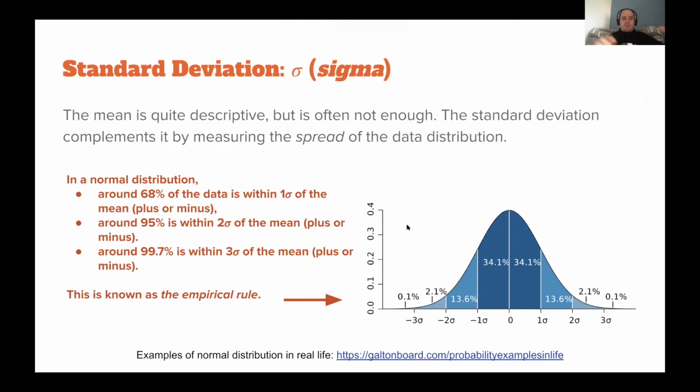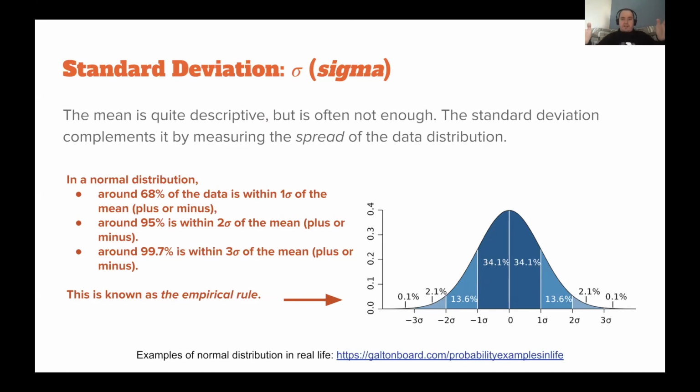The reason is that by looking at so many different normal distributions in real life, people realized, by measuring the data that results in normal distributions, that around 68% of the data is within 1 standard deviation of the mean, plus or minus. So that's what you see over here in this graph. You have the mean here, but then you have 34% to one side, 34% to the other side. So if you take plus or minus 1 sigma, or 1 standard deviation, 68% of the data is in that region.